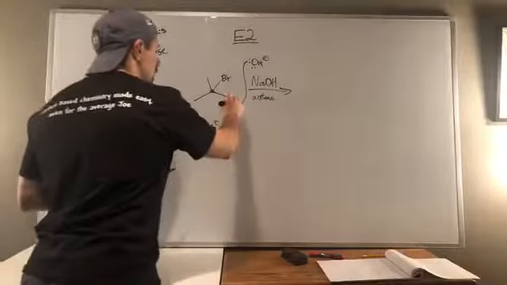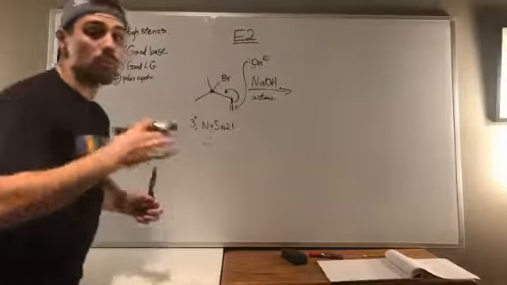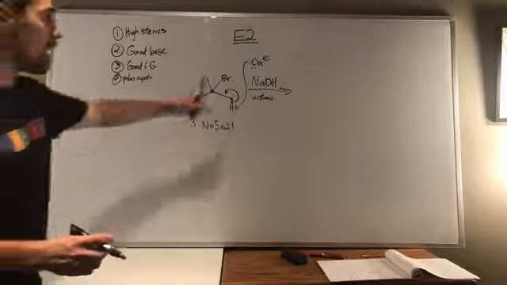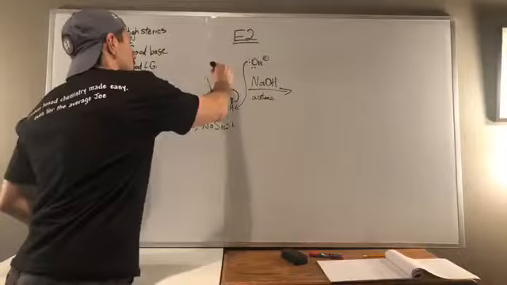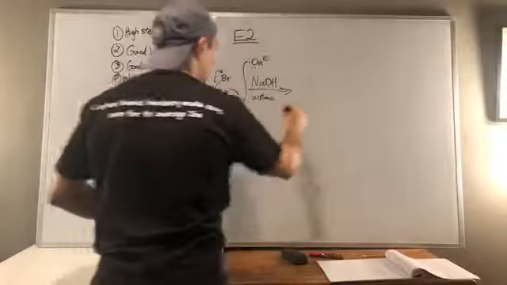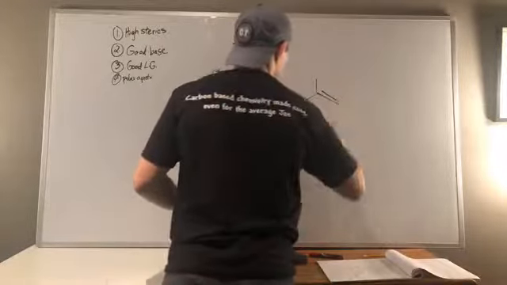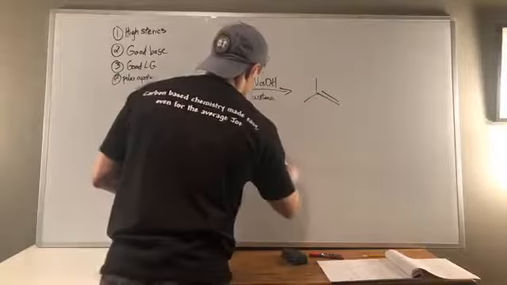It's going to take none of these electrons with it. These electrons are going to swing up over here and start to form a double bond. At the same time that this bond is forming, this bond is moving, this bond breaks, all at once. So then you get something like this. If you were to draw the transition state, it would look something like this.